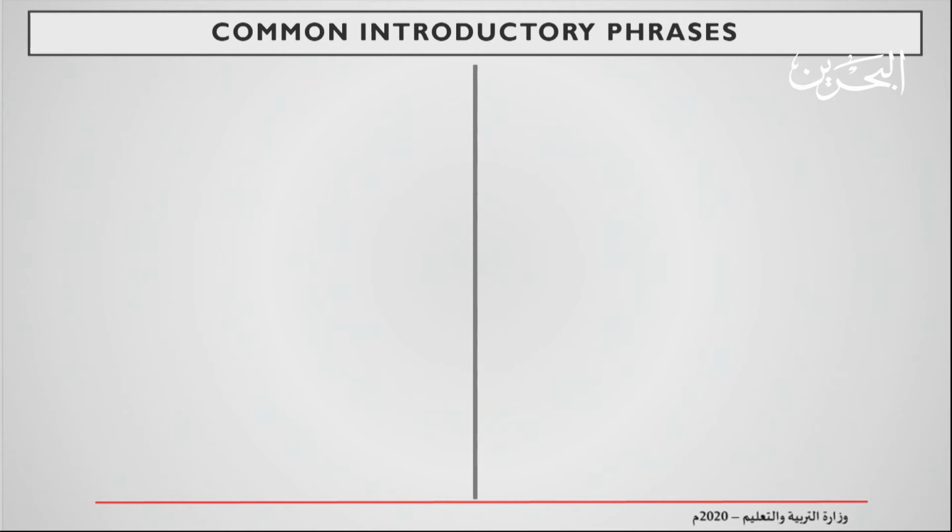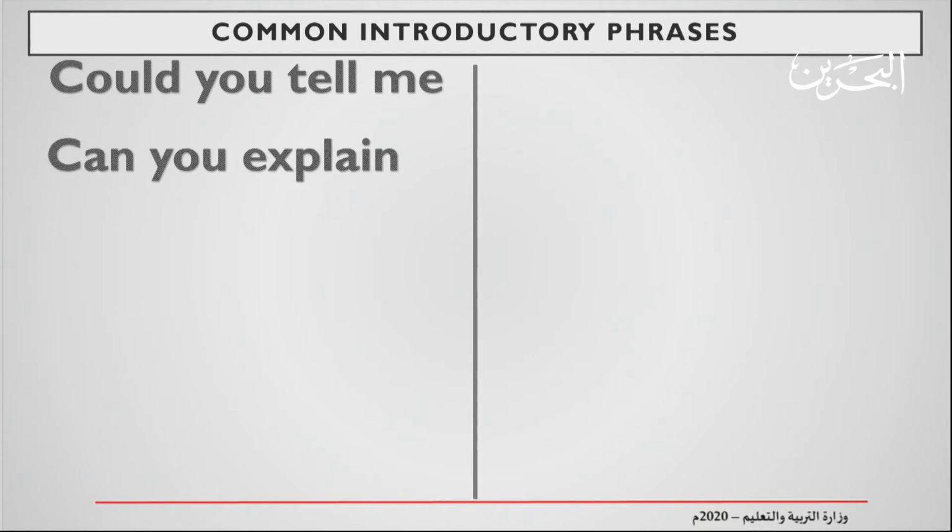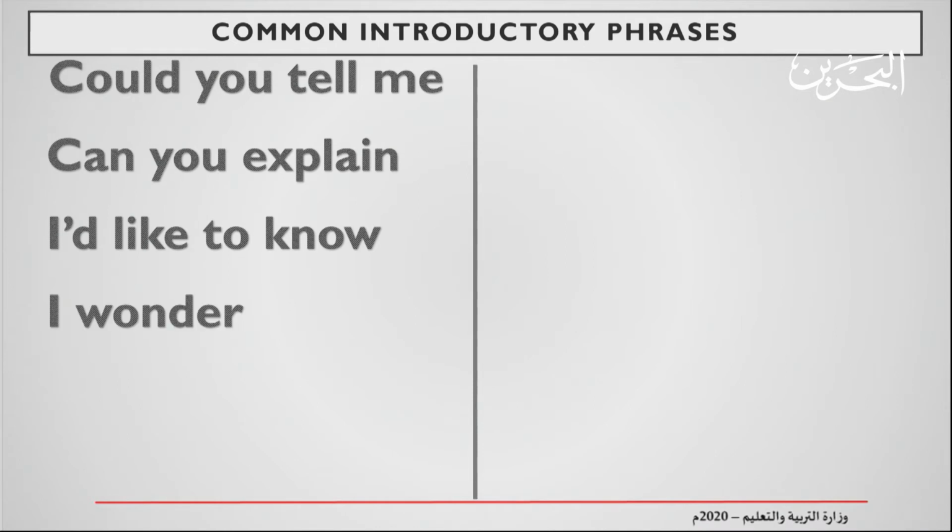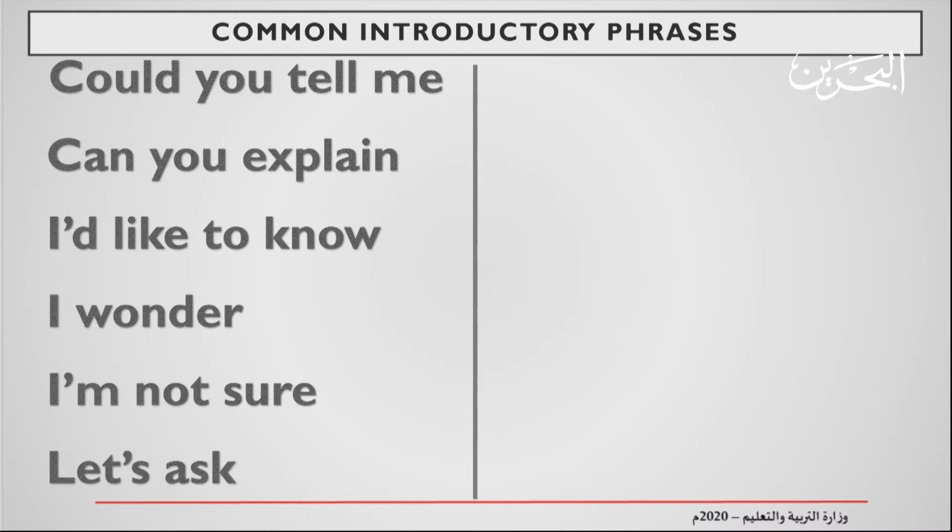All right, so common introductory phrases, like the phrases I showed you before. You can start with, could you tell me? Or you can say, can you explain? And then the embedded question. I'd like to know. I wonder. I'm not sure. Let's ask.